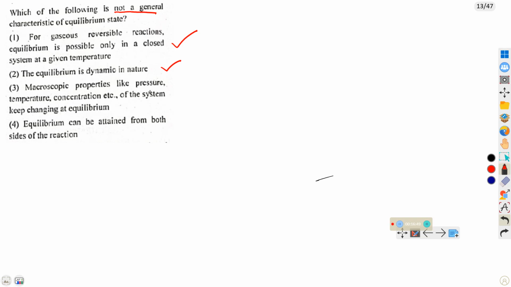Macroscopic properties like pressure, temperature, concentration, etc. of the system keep changing at equilibrium. This statement is wrong. At equilibrium, the values remain constant. If they keep changing, that is considered as reaction quotient. Third option is correct.